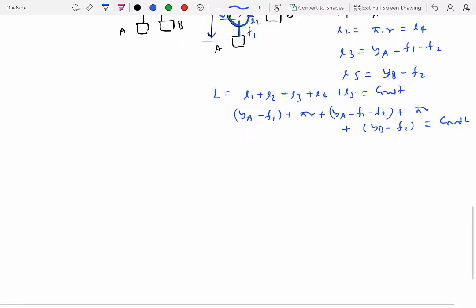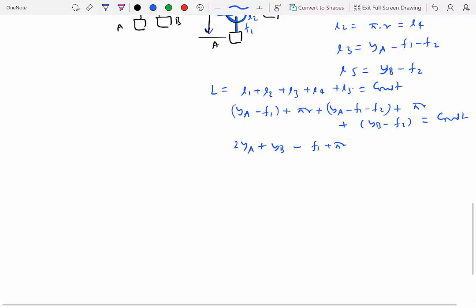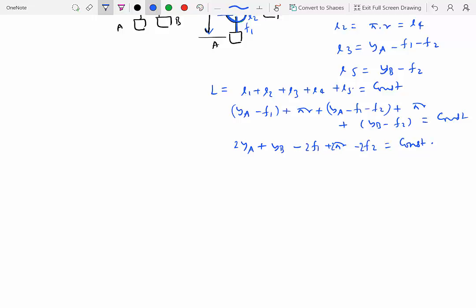Okay, so let's collect all the position variables. So we get 2YA plus YB minus 2F1 plus 2 pi R minus 2F2 equals a constant. This is all constant over here, right?